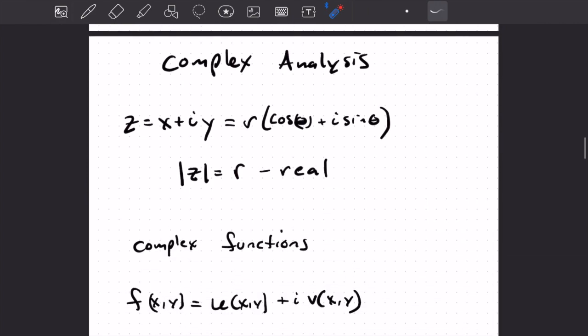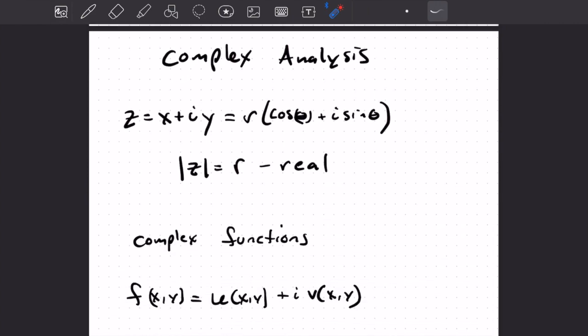Okay, so let's review some ideas from complex analysis, just some basic things that were helpful to me to refresh myself on. So we can write a complex number as real plus i real, or we could write things in polar form, where this is our modulus here. And note that this is always going to be a real number, so that's useful to us.